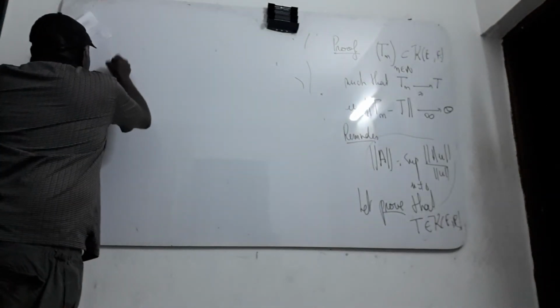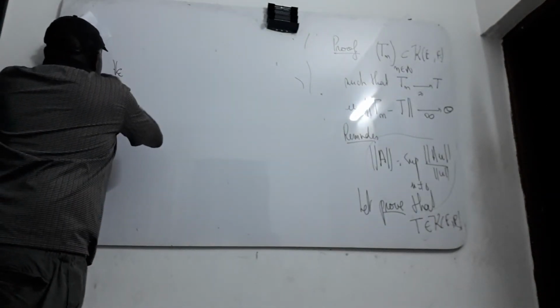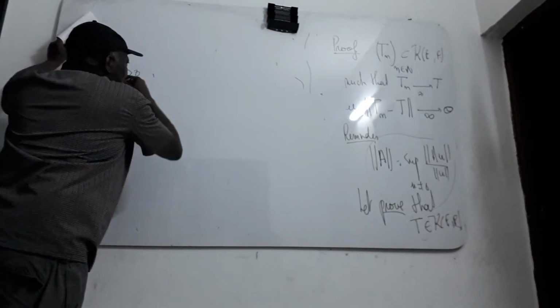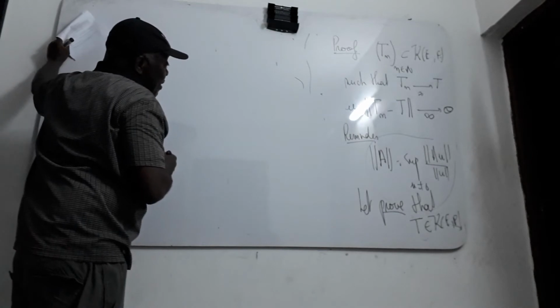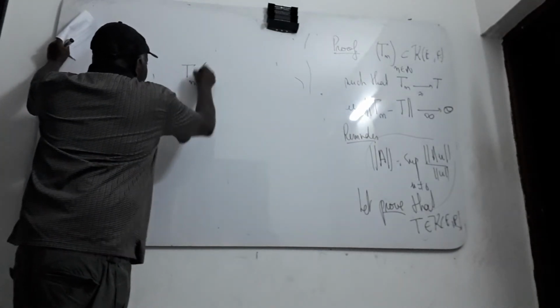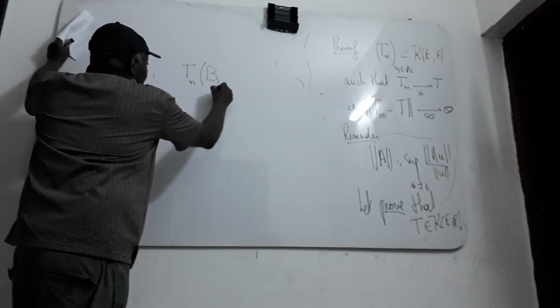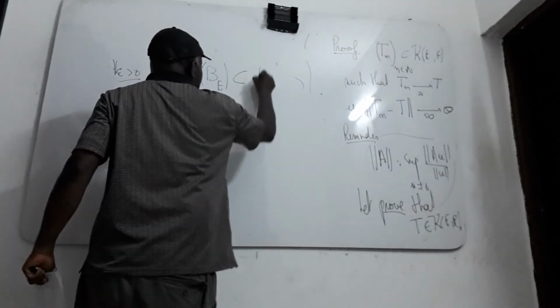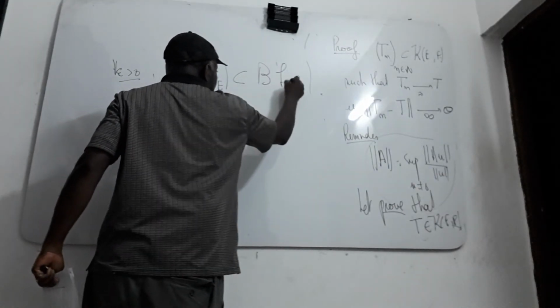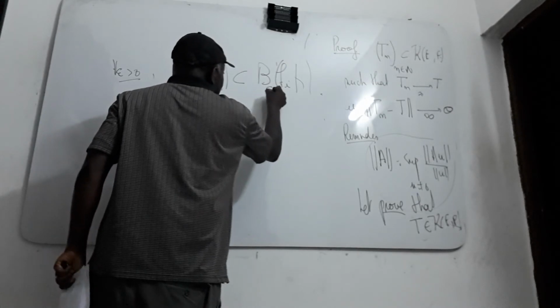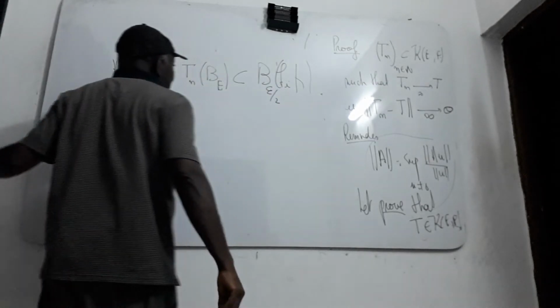So let us suppose, for all epsilon positive, you can say that Tn of the unit ball can be covered by balls in F with centers and radius epsilon over 2.